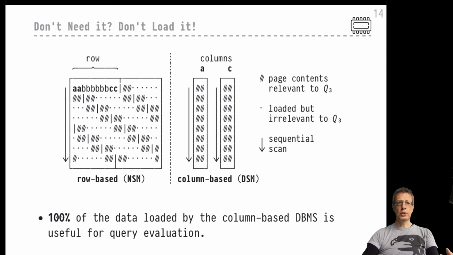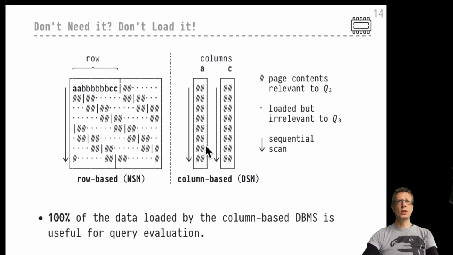All right, it's different on the right-hand side of this dashed line, where we enter the column-based world of MonetDB, or the decomposed storage model, the DSM model. We only access the relevant columns, only the A and the C columns. You see no mention of the B column vector here. It's not being accessed at all.